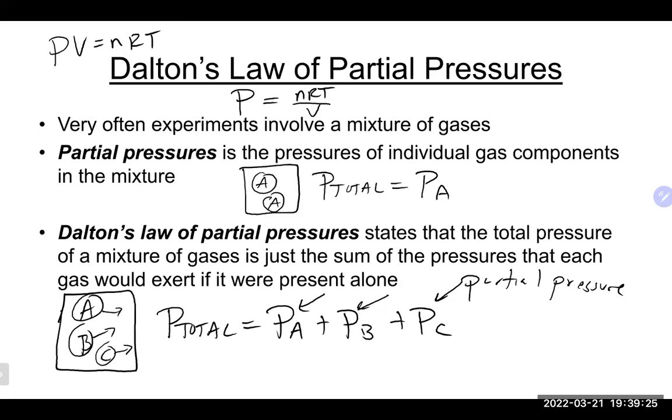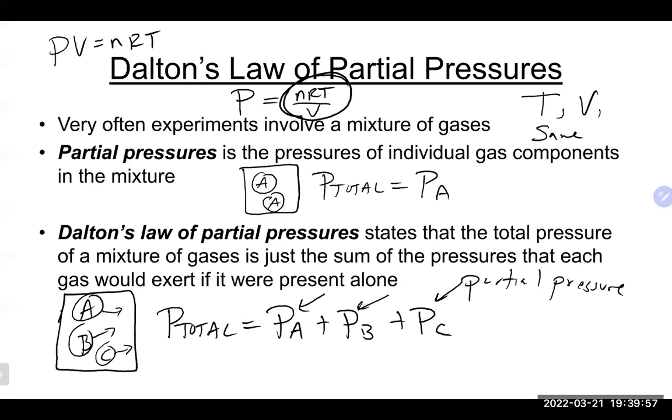The good news is that because they are all in the same container, the temperature for all three gases should be the same. That also means the volume should be the same for all the gases. So when we look at the ideal gas law, the only thing that will be different for the different gases is the number of moles.